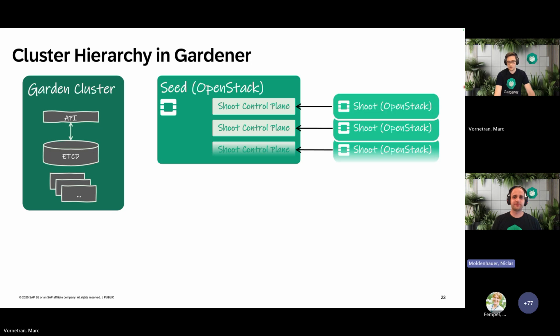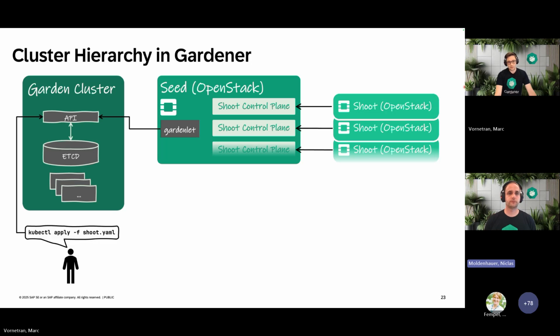And it now communicates with the shoots via the gardenlet. So the gardenlet is the counterpart, so to say, to the kubelet. It follows the same principle and is exactly what distinguishes our shoots from the seeds. So we have the gardenlet that is communicating to the garden cluster.